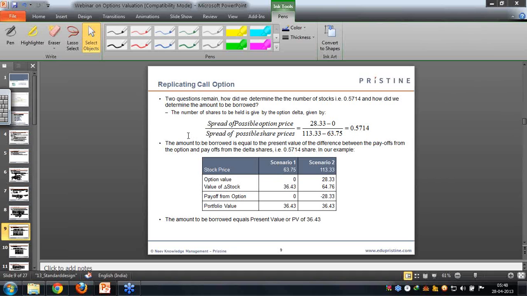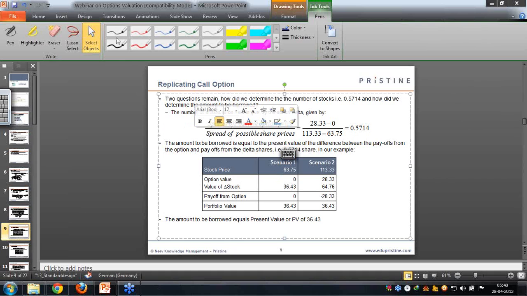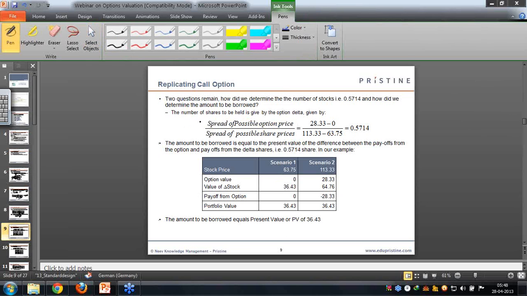The option delta is given by the spread in the option prices divided by the spread in the share prices. The option prices we got as 28.33 and 0. Earlier we derived these, and the stock prices we derived as 113.33 and 63.75.